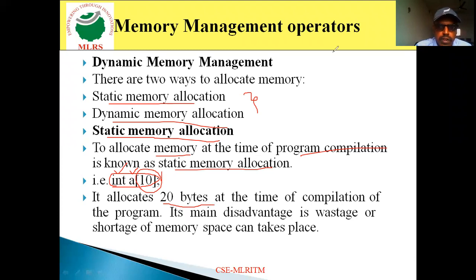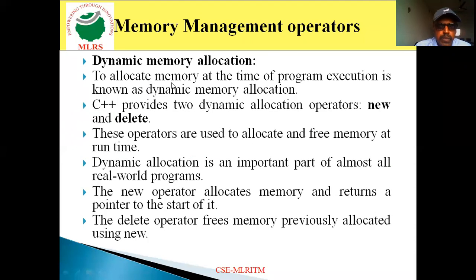So with these disadvantages, we move towards the next memory allocation, that is dynamic memory allocation. Dynamic memory allocation indicates we are going to allocate the memory at the time of program execution. When we allocate the memory at the time of program execution, we call it dynamic memory allocation.